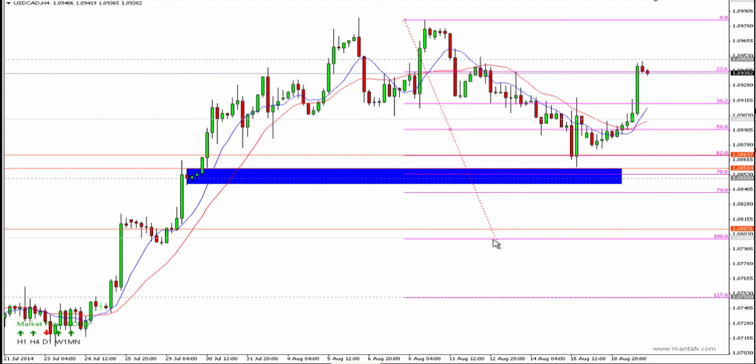Let me make this even more perfect. So we had a retracement pretty much to the 62 level, which was also a support level behind it. It was a possible trade that could have been taken in the direction of the main move, and I didn't take it simply because of the market structure.